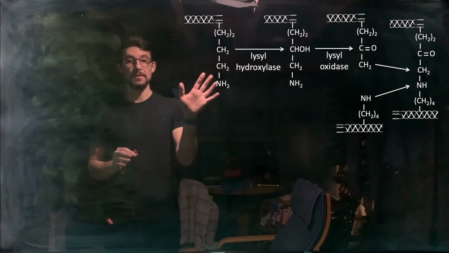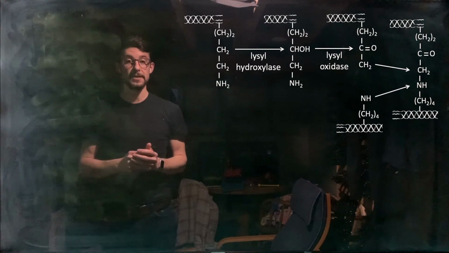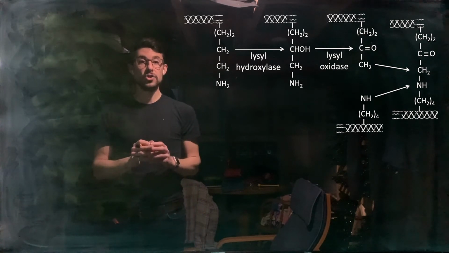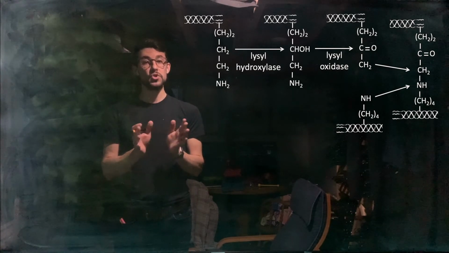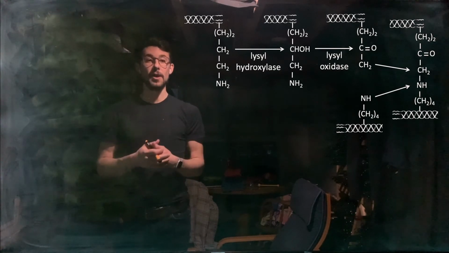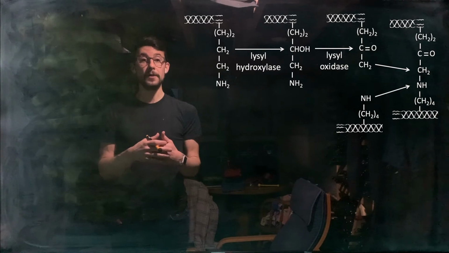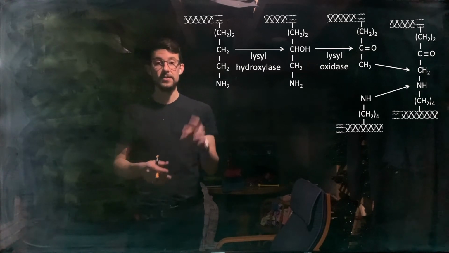Just to give you a bit of a taste, or an idea, of how this is done: the enzymatic cross-linking of collagen molecules always occurs due to covalent bonding between side chains of lysine residues.